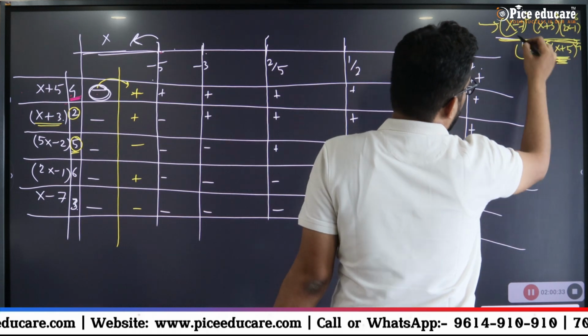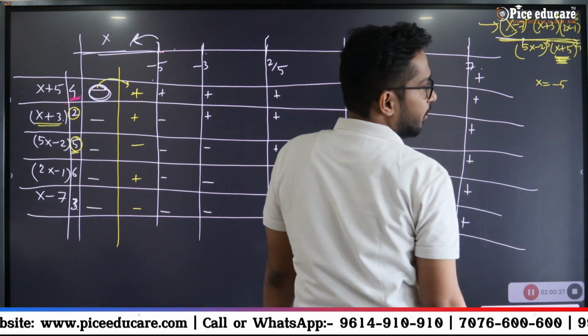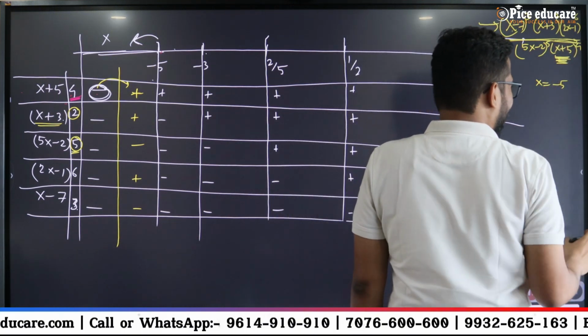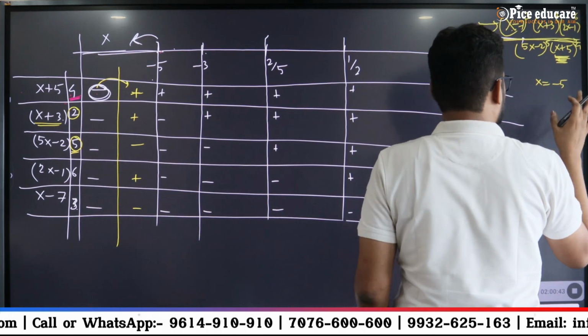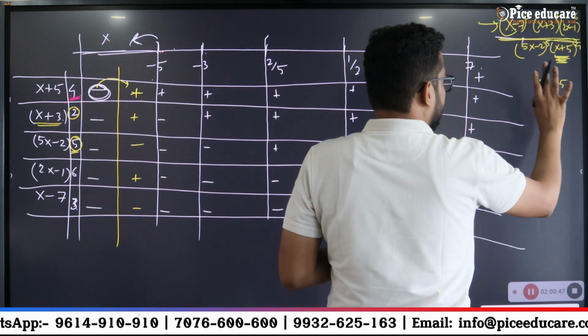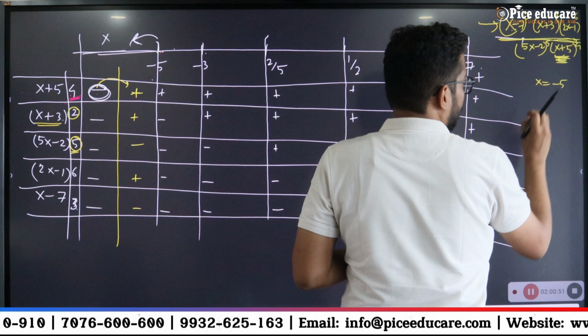So if I put it here, it means that x can be minus 5, which is not the case. That's why you have to make sure that this quantity doesn't become 0.